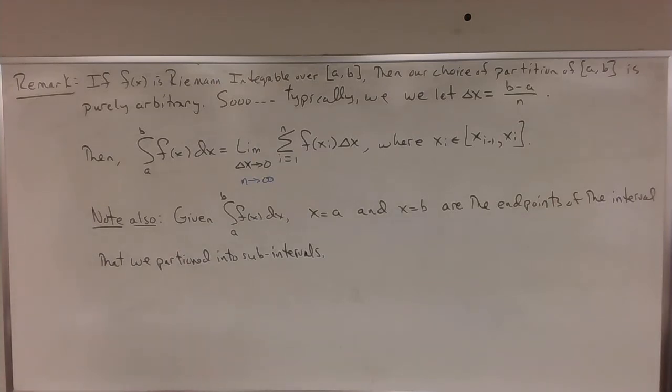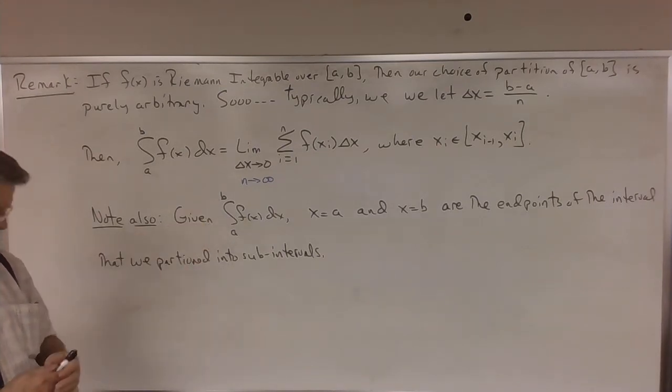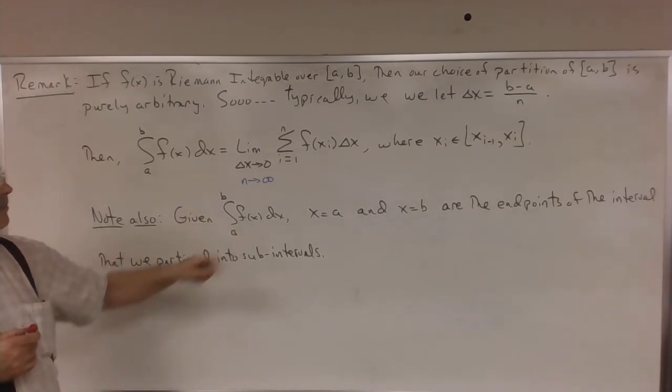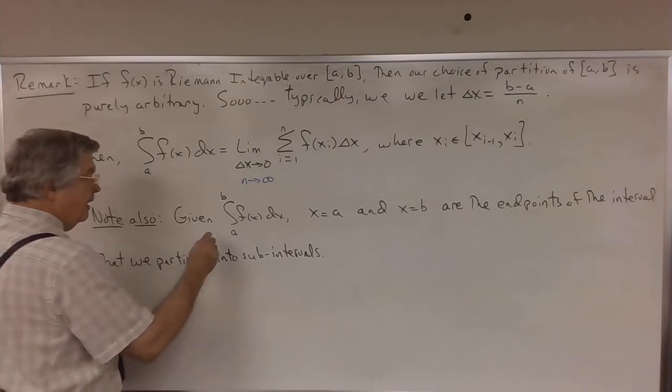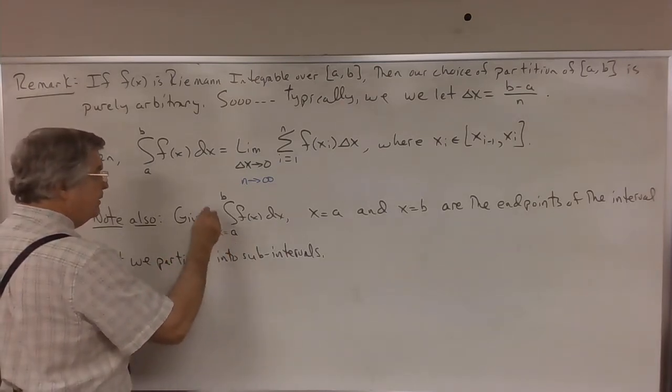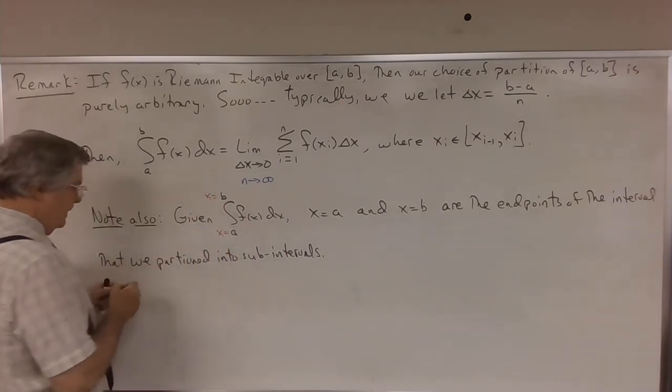I want to beat this point to death because I really don't think this gets enough attention. Whenever we have an integral from a to b, and our variable is x, we might think of this as x equals a and x equals b.